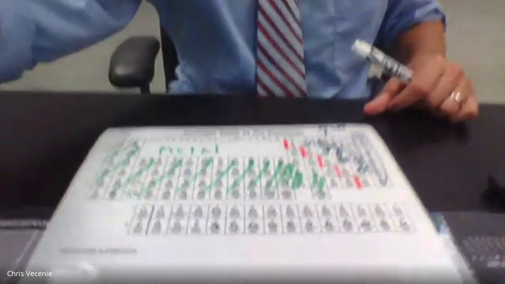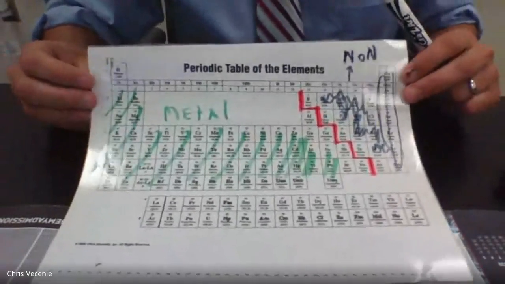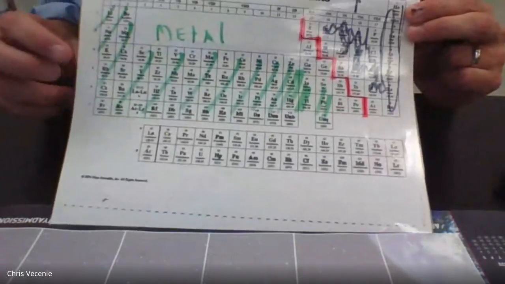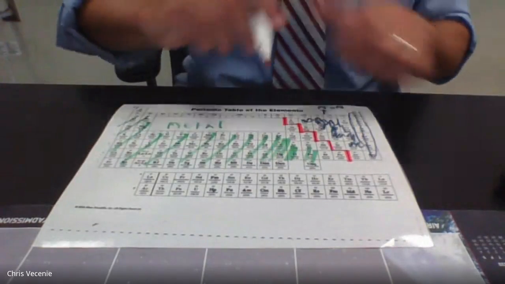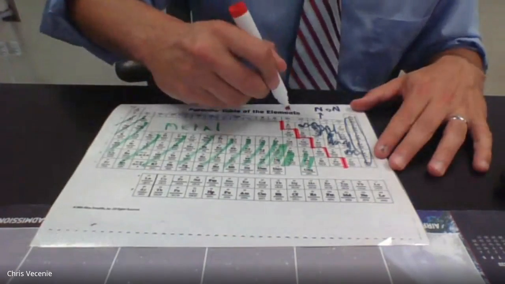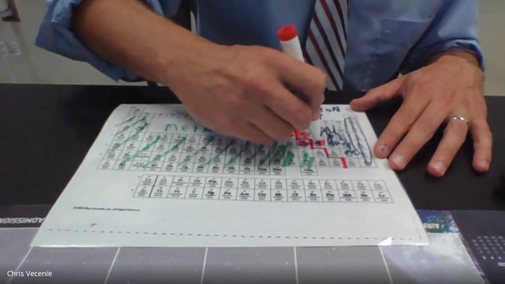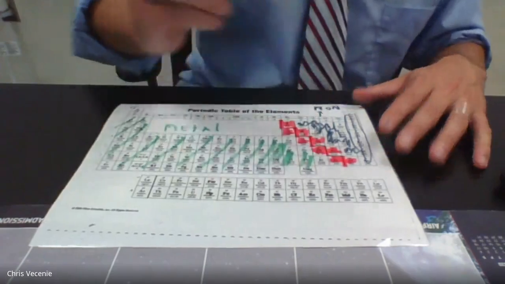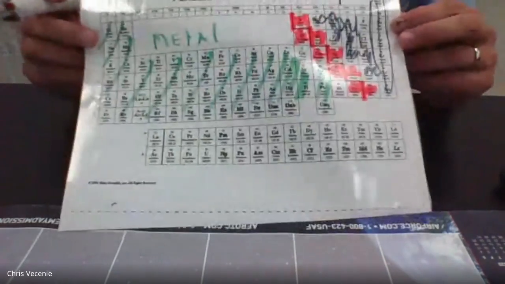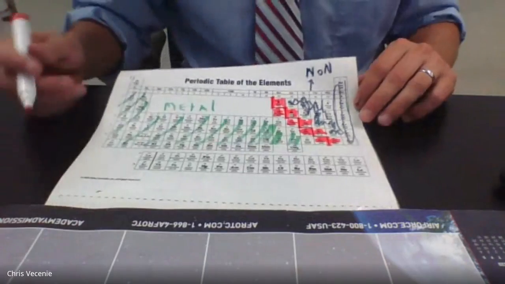So you've got your metals to the left of the staircase, your non-metals to the right, and then the ones that touch the staircase, they sit above it or below it. These guys here that I colored in red, these are your metalloids, right? Those are the ones that will have characteristics of each.